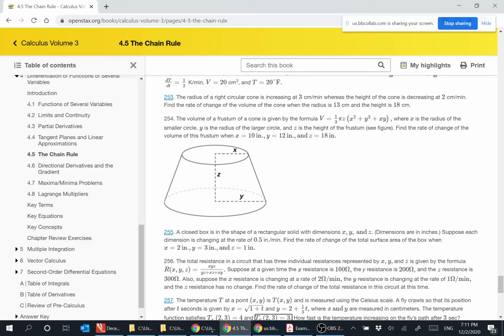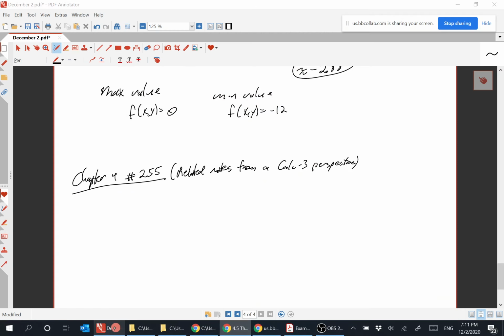So a closed box is a rectangular box, dimensions x, y, z. Each dimension is changing at half an inch a minute, so it's increasing at a rate of half an inch per minute. Find the rate of change of the surface area of the box. So we got the box, right? This is x, this is y, and then you've got some depth here, z.